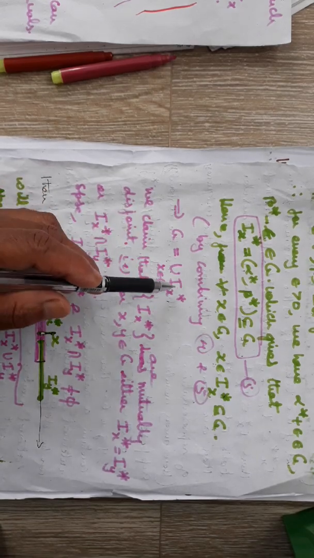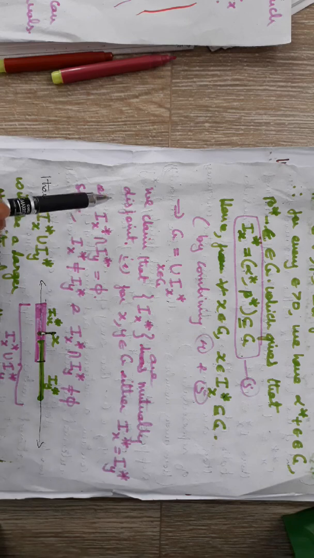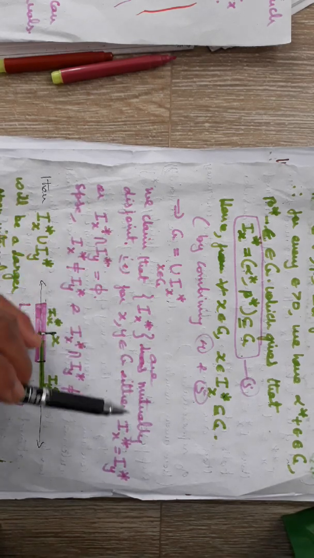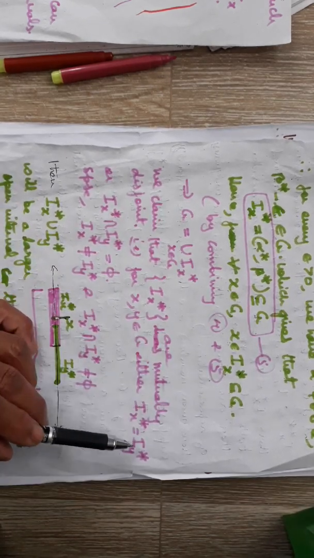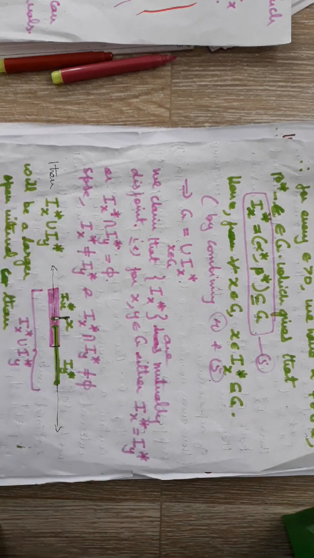So next we claim that these open intervals I_x star are pairwise disjoint. That is, for any x, y belonging to G, either I_x star is equal to I_y star, or I_x star intersection I_y star is an empty set.